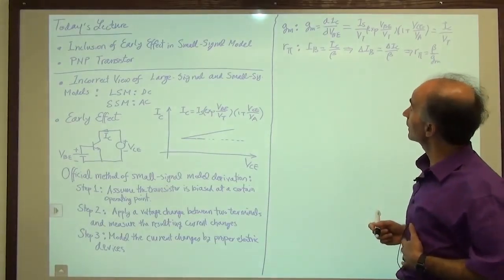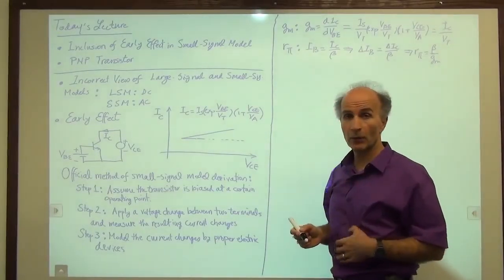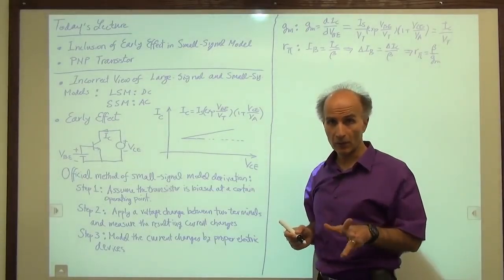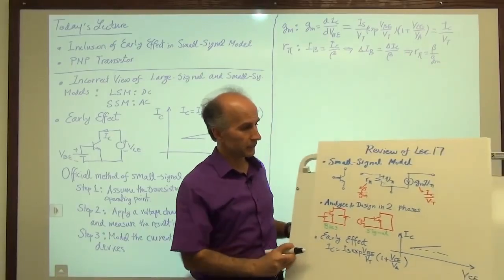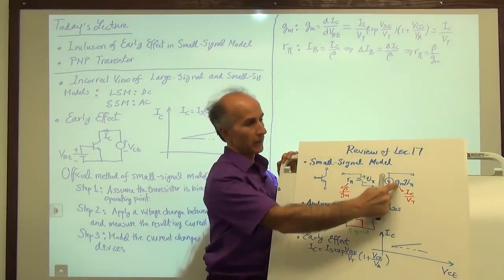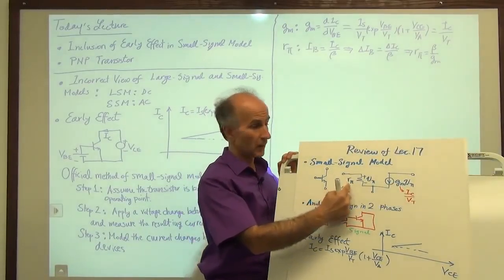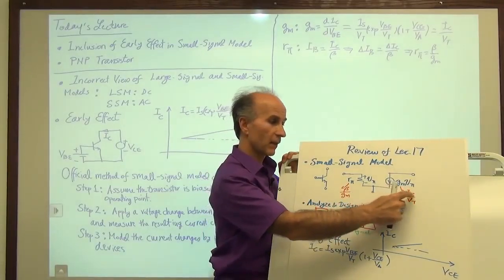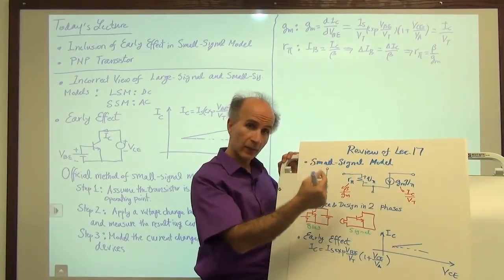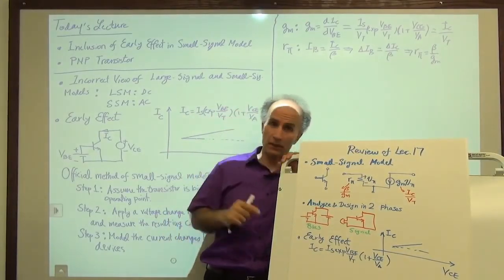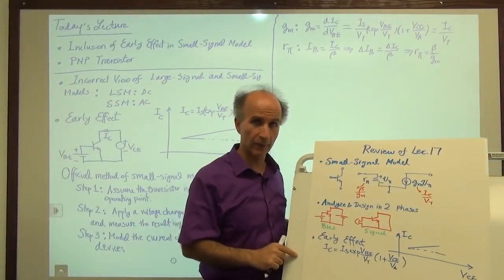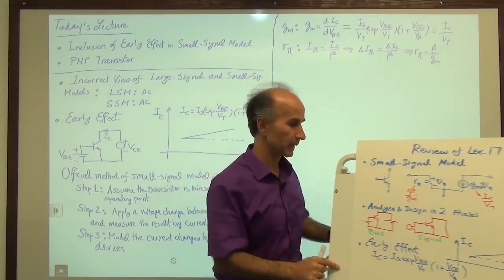Okay, good. So far we don't have any serious problem with the small signal model. So if we go back to the model that we had here, we see that these two haven't changed. The only thing we have to remember is that this IC, the bias value, has to be calculated using this entire equation here, not just IS exp of VBE over VT.